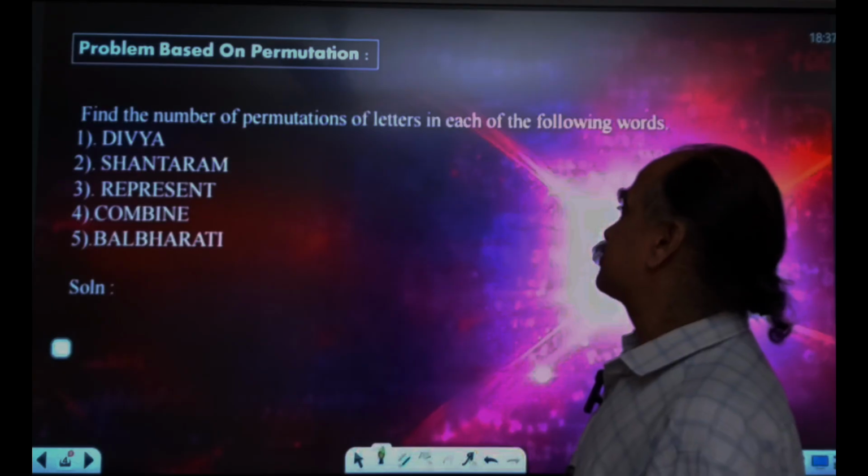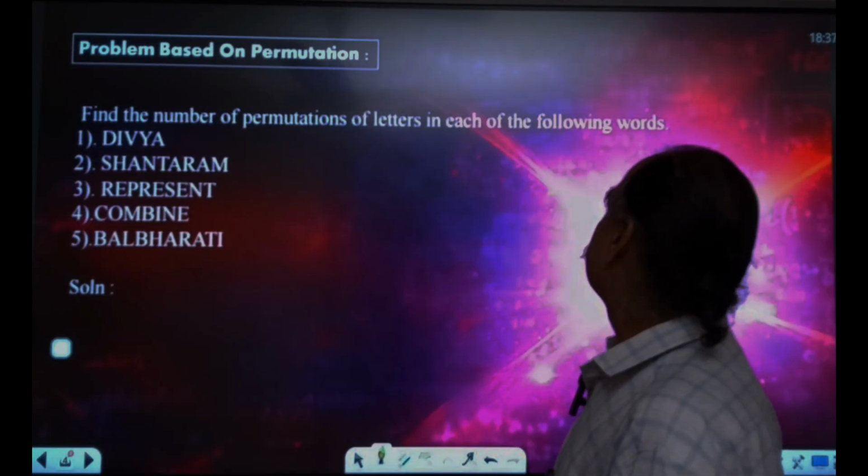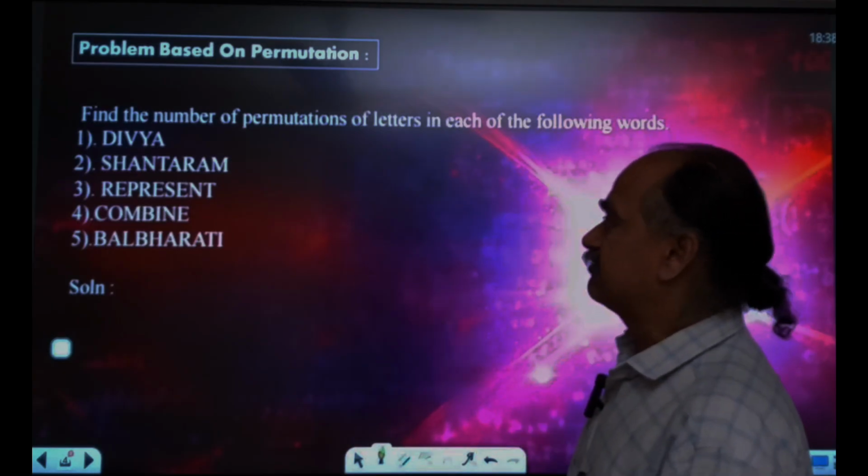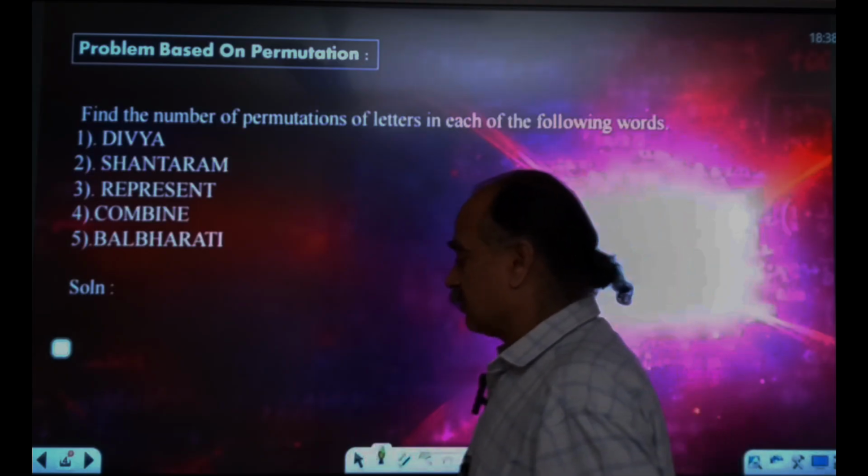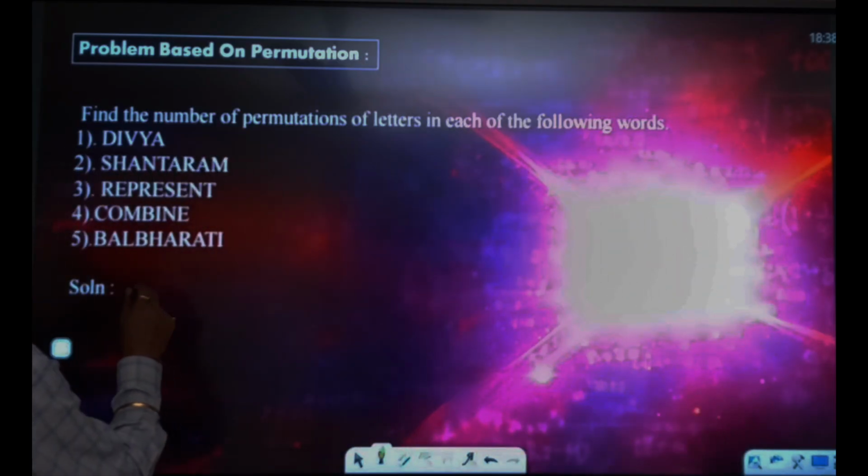Find the number of permutations of letters in each of the following words. First is what? Divya. The word Divya contains 5 distinct letters.